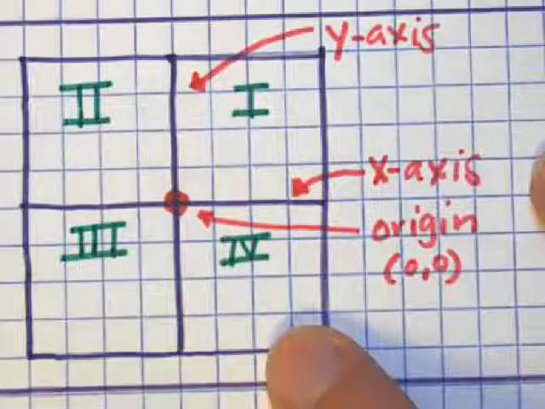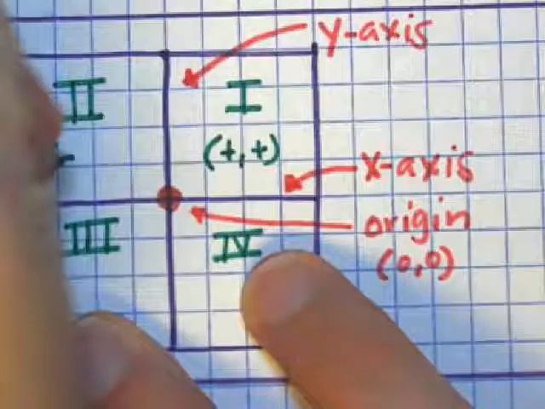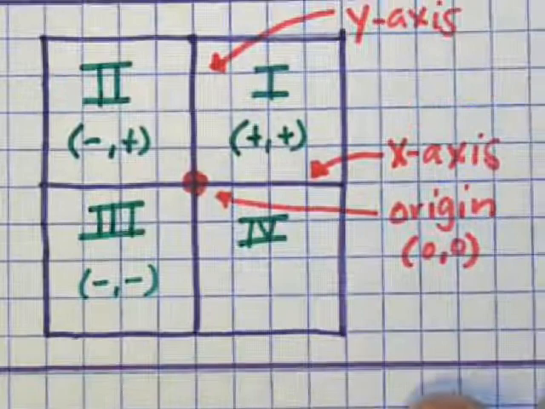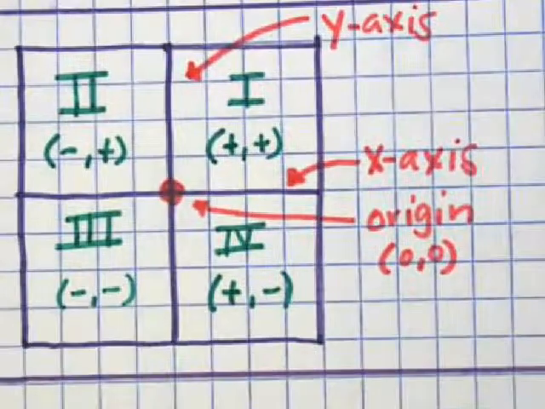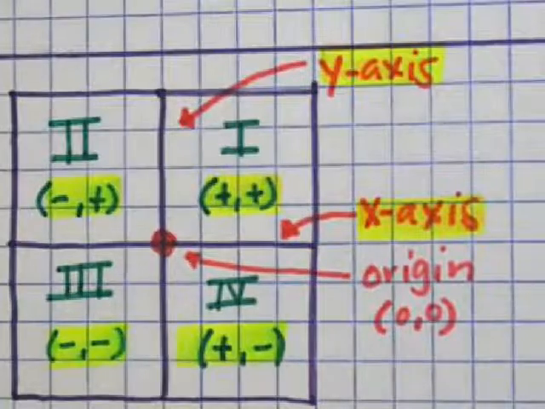In quadrant 1, I would have a positive X and a positive Y. In quadrant 2, I would have a negative X and a positive Y. Quadrant 3, I would have a negative X and a negative Y. Quadrant 4, I would have a positive X and a negative Y. Next, I want you to highlight the words y-axis, x-axis, and then the quadrant signs. I want those to pop on your paper.